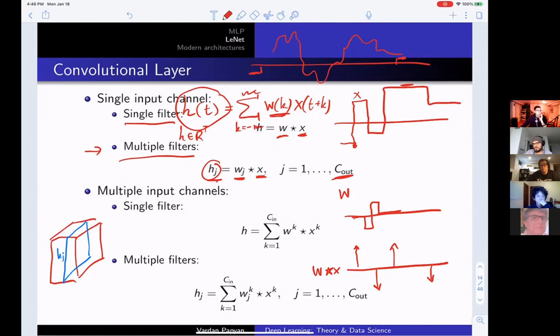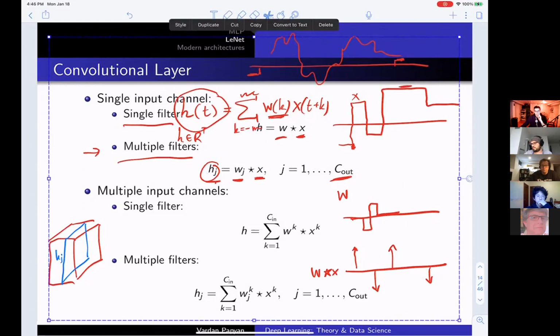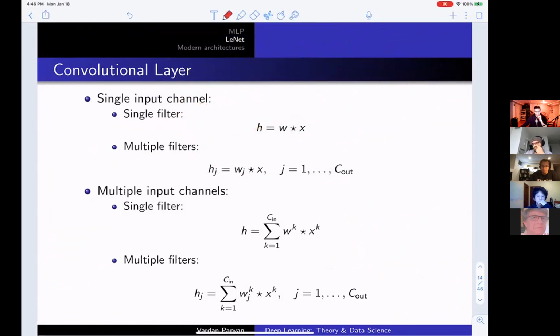So the next thing is multiple input channels. Let me clear this a bit. If you have multiple input channels, it means that X is, for example, an image which has RGB, so 3 channels. Here you have the height of the image, here you have the width.